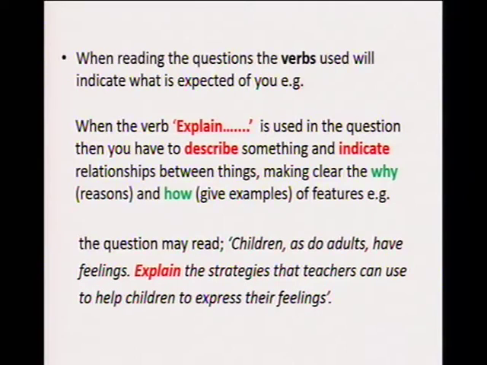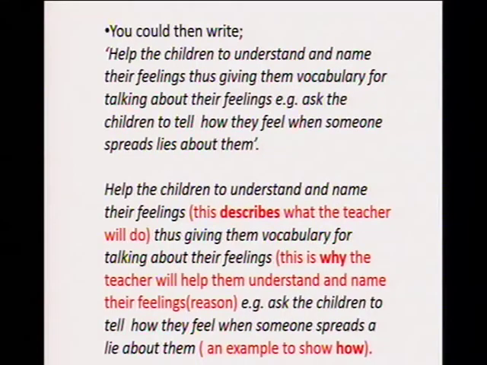Now the verb explain is used. Explain the strategies that the teachers can use to help children to express their feelings. You could then write your answer. Help the children to understand and name their feelings, thus giving them vocabulary for talking about their feelings. For example, ask the children to tell you how they feel when someone spreads lies about them.